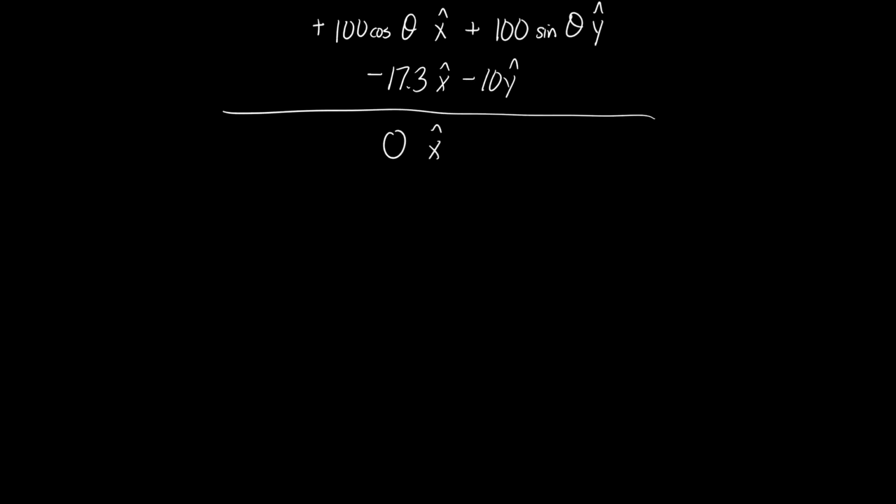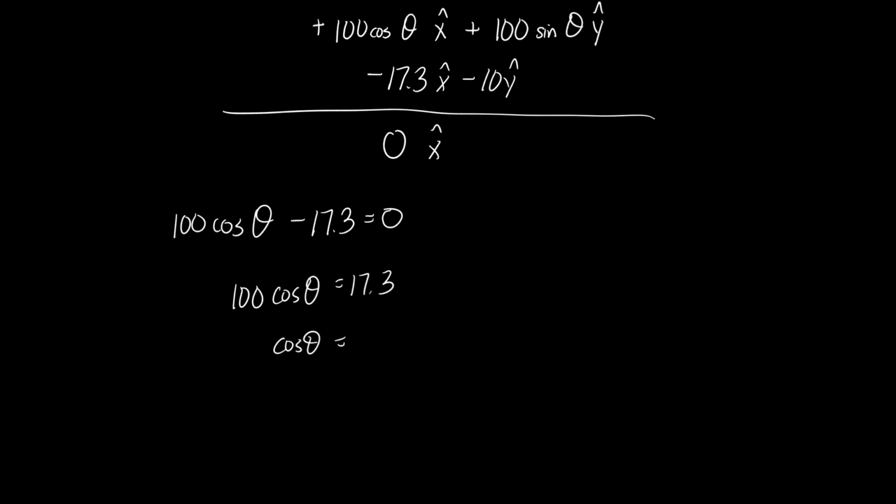We still do all the same things, except this time when we add up the x's, we get 100 cosine theta minus 17.3 equals 0. So 100 cos theta equals 17.3. Cos theta is 0.173. And when I find theta by doing the inverse cosine, I'll get 80 degrees.